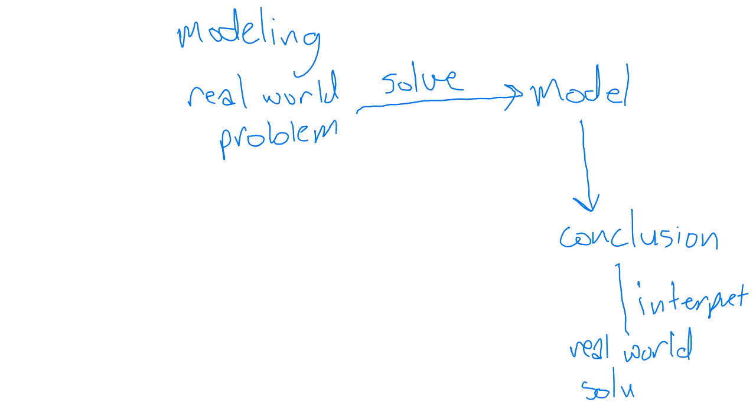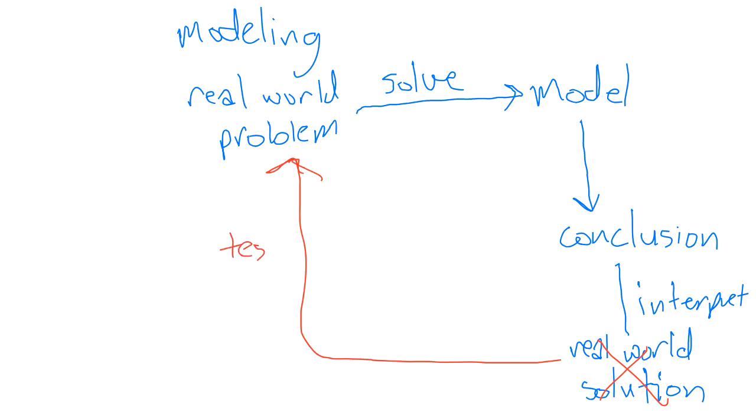However, it's always important to test out this whole idea, because if that real world solution does not work, then we have to go back, test it out, and restart this whole cycle over again until we have something that works.